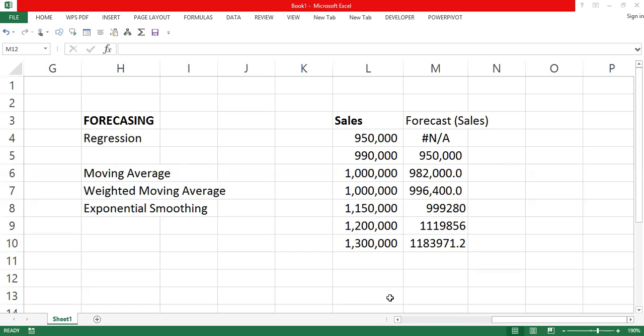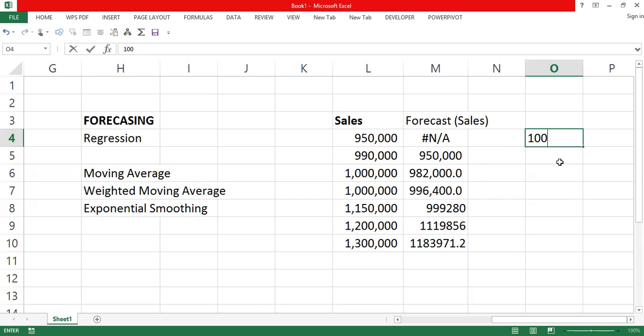So the 0.8, where did you say it comes from? Yes. You see, you are trying to apportion weight to the previous actual and the previous forecast, right? The total weight you are apportioning is 100%, which is 1.